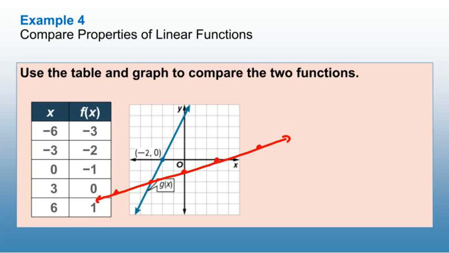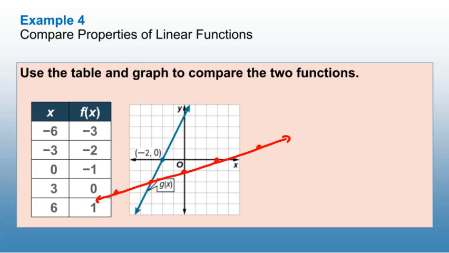Now this one does not have choices, so we can just pick a few key features to compare. So the x-intercept for f of x is 3, and the x-intercept for g of x is -2.